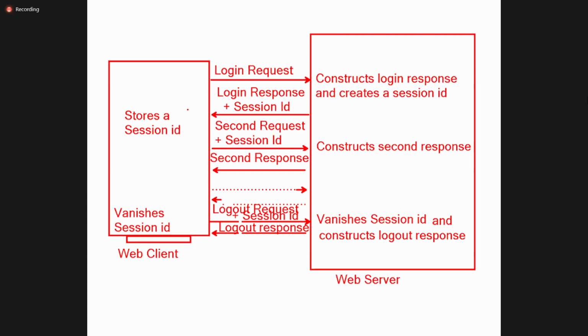Second response, I didn't give the ID. Logout response, I didn't give the ID. How many times is the client sending the session ID to the server? Many times. Very first time not there, but every time further it is there. Second request session ID, logout request session ID, like that. So the first time the server sends it to the client. From the second time onwards up to the last, the client sends it to the server.